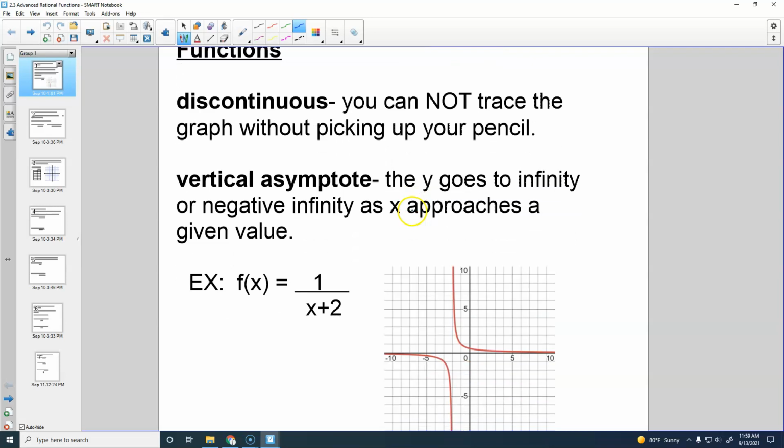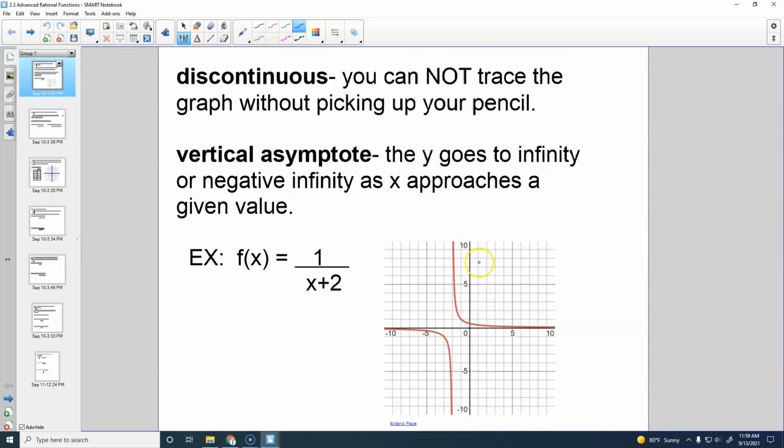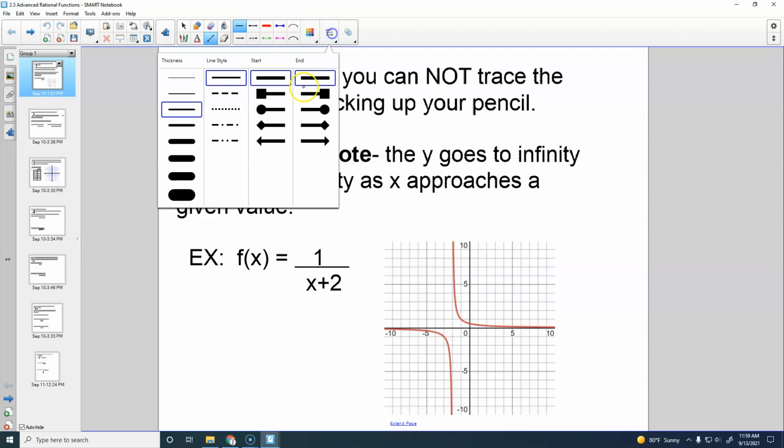So vertical asymptotes, the official definition that I'm going to give you is the y value goes to infinity or negative infinity, so it gets really, really big or really, really small as x approaches a given value. So you have a graph right here that has a vertical asymptote. We can see here, let me highlight it here.